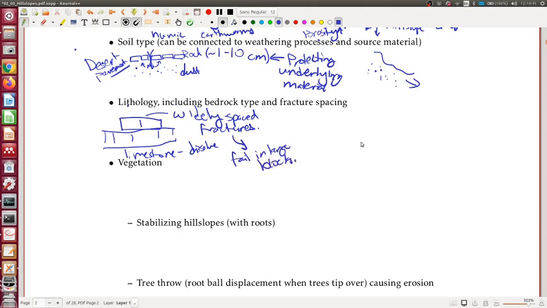And then on the other hand, if I put a shale over here, and the symbol for shale is just these flat lines, close fractures, and bedding planes.